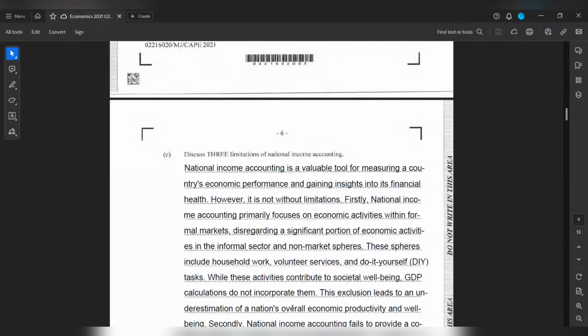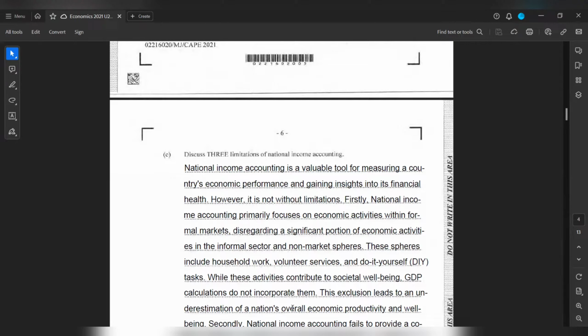These spheres include housework, voluntary services, and do-it-yourself DIY tasks. While these activities contribute to societal well-being, GDP calculations do not incorporate them. This exclusion leads to an underestimation of a nation's overall economic productivity and well-being.